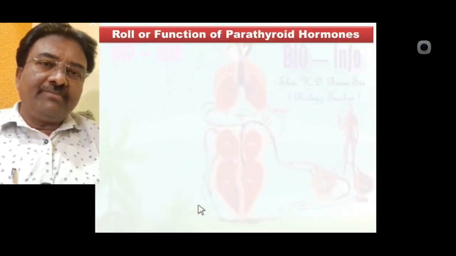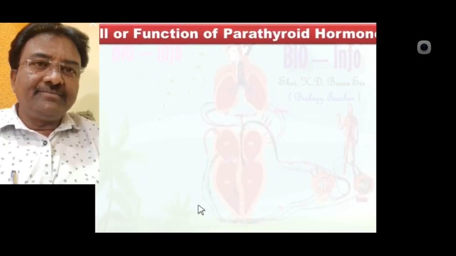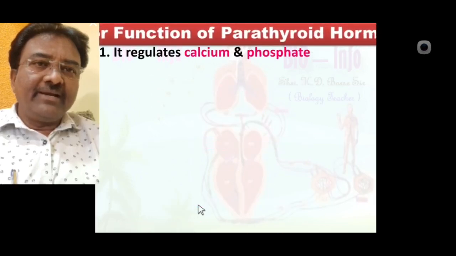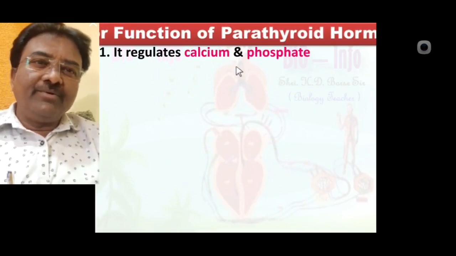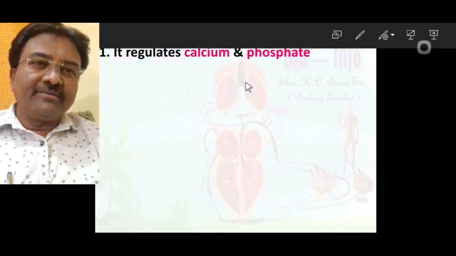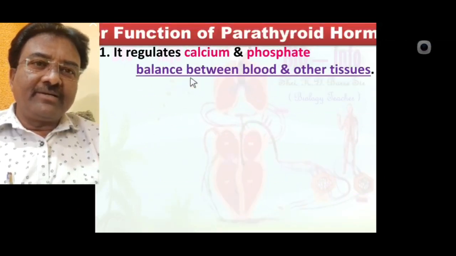Role and function of the parathyroid gland. The parathyroid gland regulates, with the help of parathormone, the calcium and phosphate balance between blood and tissue cells.